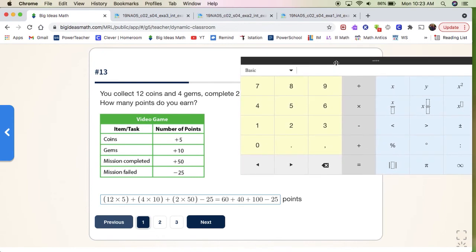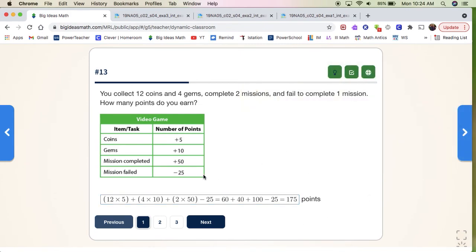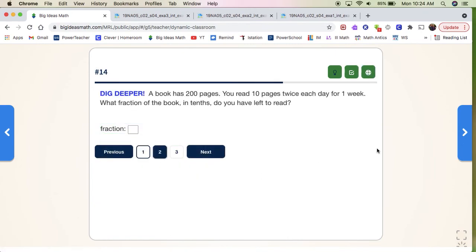And that would equal, if you add 60 plus 40, that's 100, plus another 100 is 200. 200 minus 25 is 175. And then you can skip number 14. That's fine if you skip that.